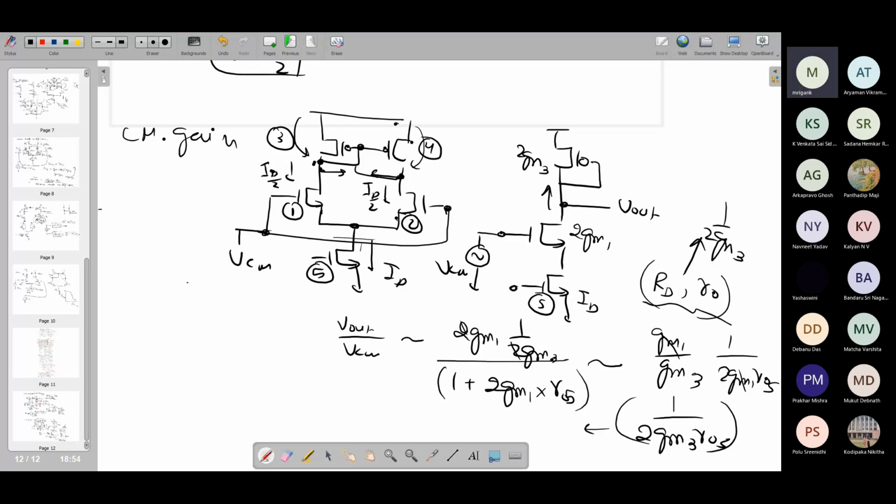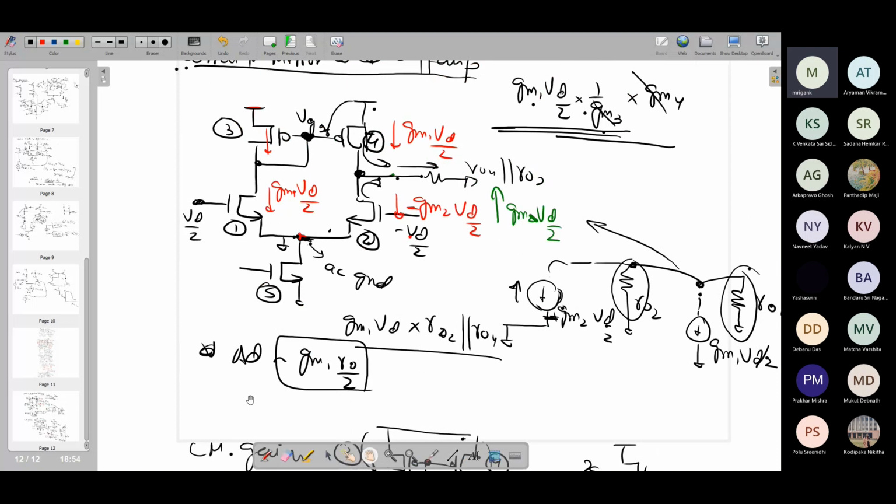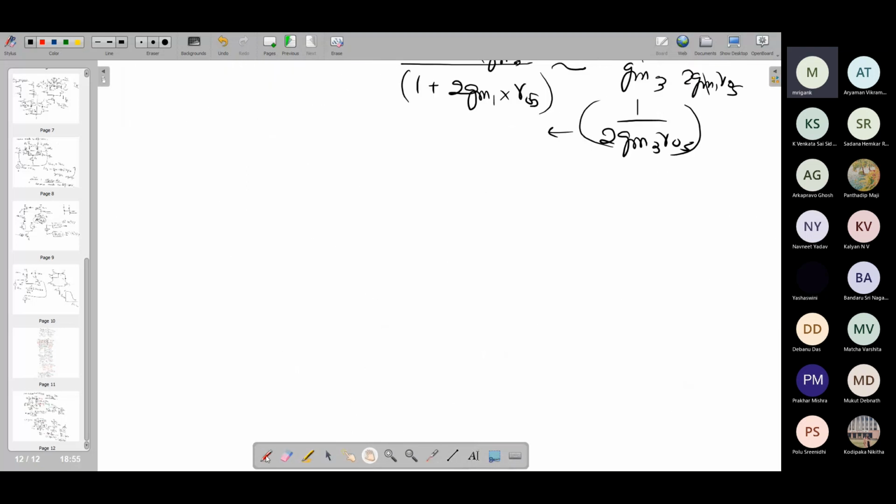And from the point of view of small signal analysis also, we can see the reason why the common mode gain is poor, again following the same current flow, the current steering behavior, we can see what is happening for the common mode signal.